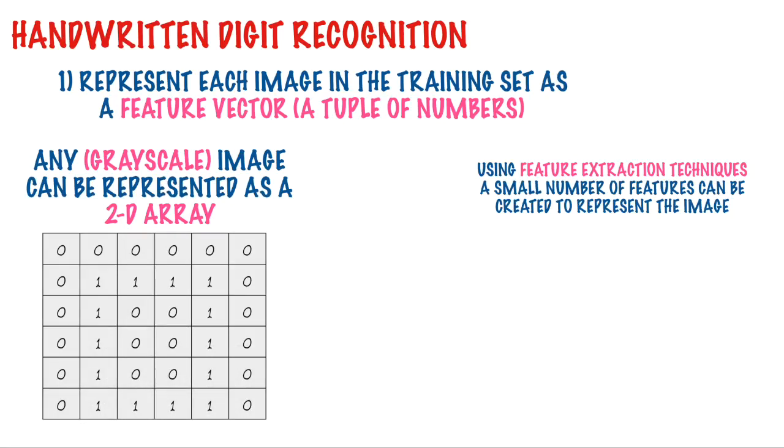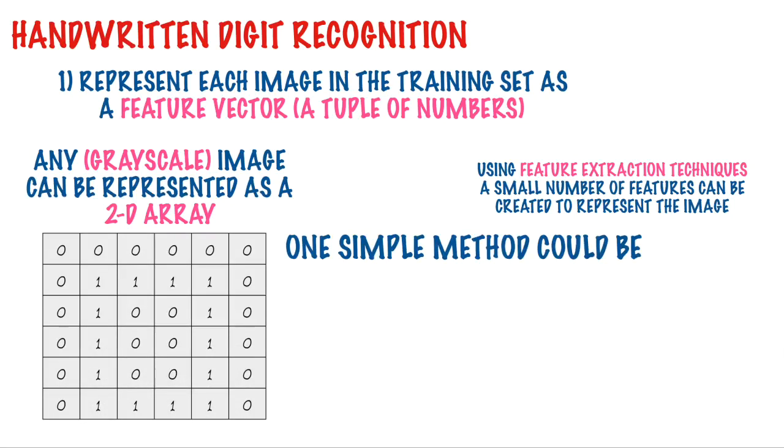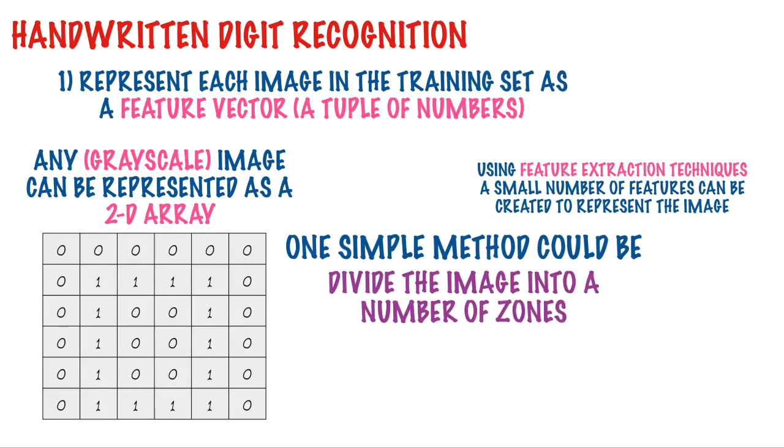Let's quickly look at one very simple method that we could use to reduce the number of dimensions required to represent an image. We could divide the image into a number of zones of equal size. So let's say we have a 6 by 6 image here. There are 36 pixels in this image.